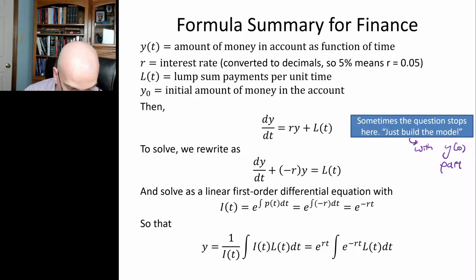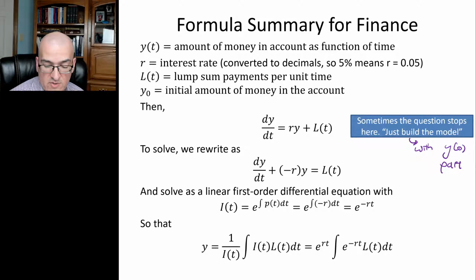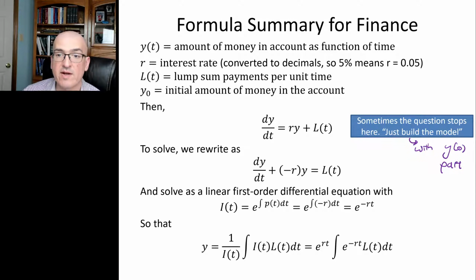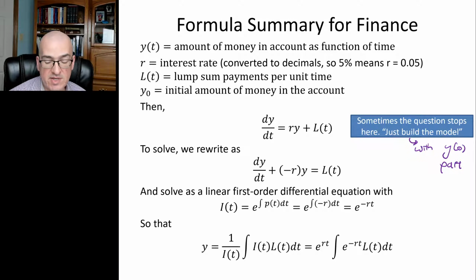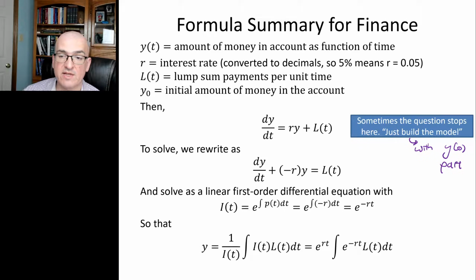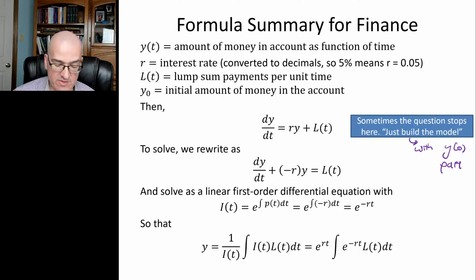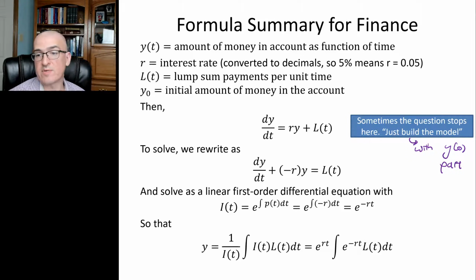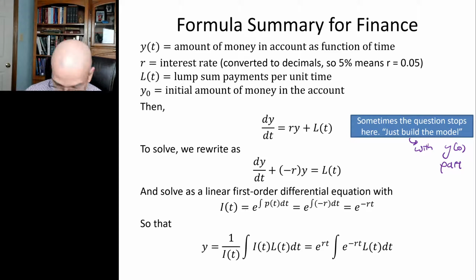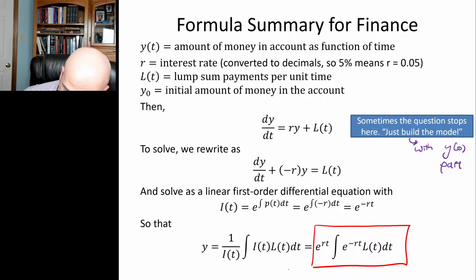If we need to solve it and our deposit term is a function of time, then we would have to rewrite it as dy by dt plus negative r times y is equal to L of t. Our integrating factor, which we would get from this linear first order equation, is always going to be e to the negative rt. And if you look at the example we just completed, this is what will always come out.